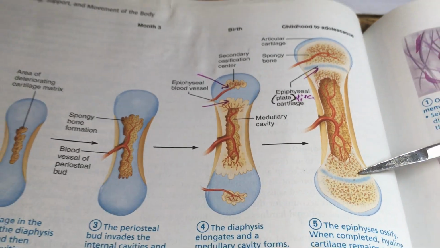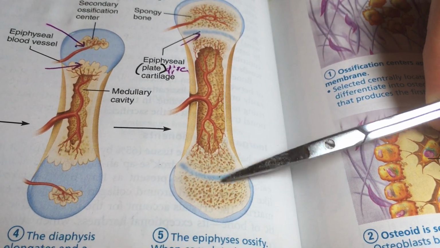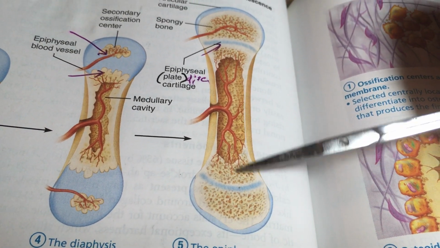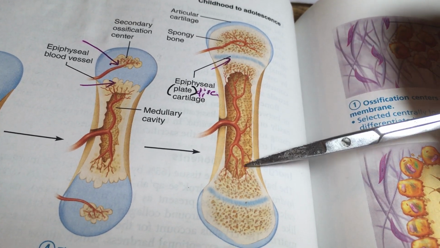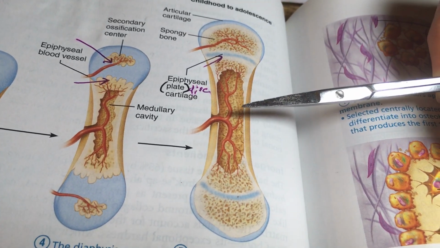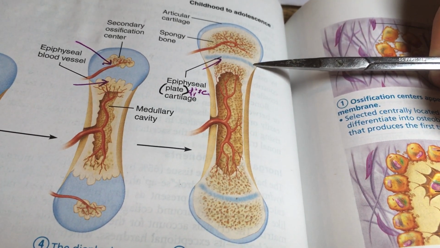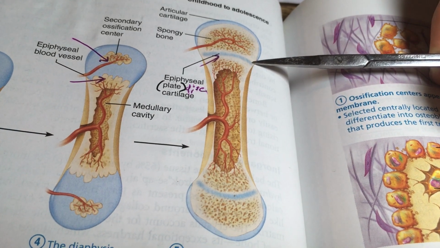Okay, and then we finally have ossification occurring now at the secondary growth sites. We have cancellous or spongy bone developing up here and up here. And in the central region, we have this open medullary region. Now this is for the lengthening of the bone, we have a disc. This is not a plate, it's a disc.